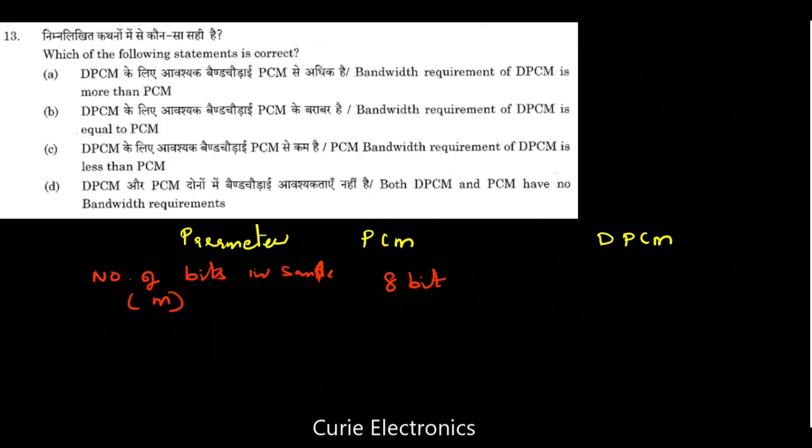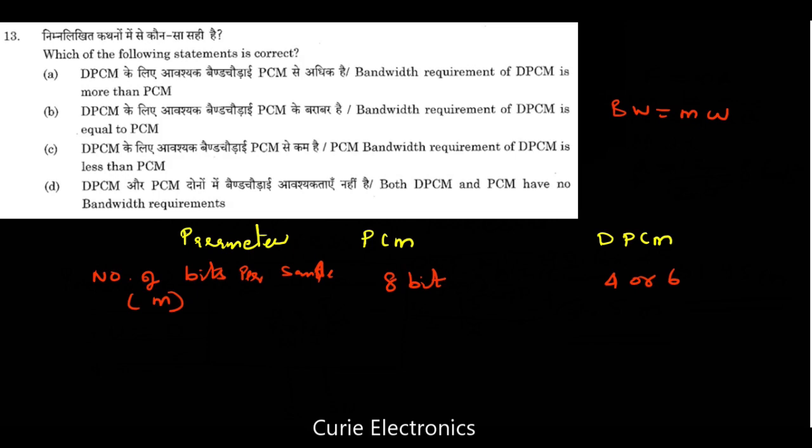In differential PCM, it could be 4 or 6. Bandwidth is given by MW, where M is the number of bits per sample. So in PCM we have 8 bits per sample, and in DPCM it is going to be 4 or 6.